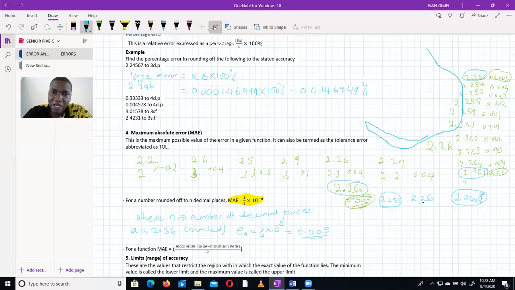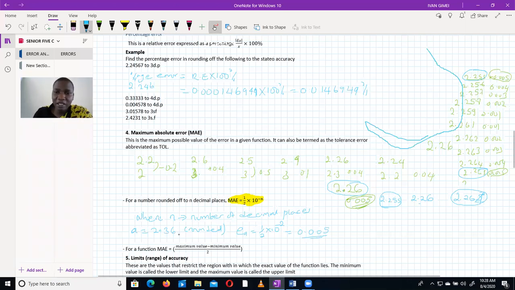They can give you a value like 2.36 and say, find the limits within which the exact value lies. They say A is 2.36, it has been rounded off to the given number of decimal places. Then they say, find the error that this person made. That is part of the question. Part B, they will say, find the limits within which the exact value lies.